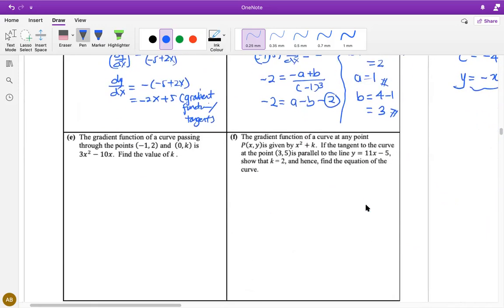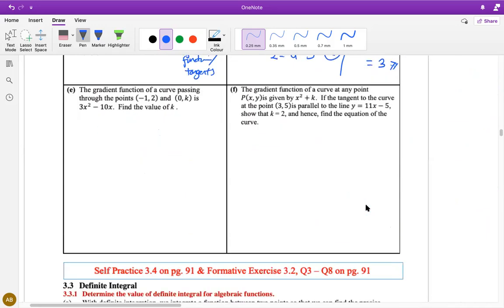Okay, now we go to E. The gradient function of the curve passes through these 2 points. Find the value of k. Meaning that we need to use this to find the equation of the curve, then use this point 0, k to find the value of k, by substituting into the equation of the curve.